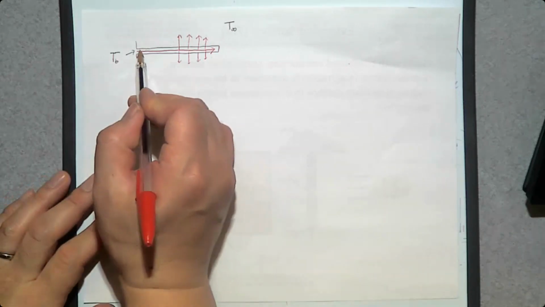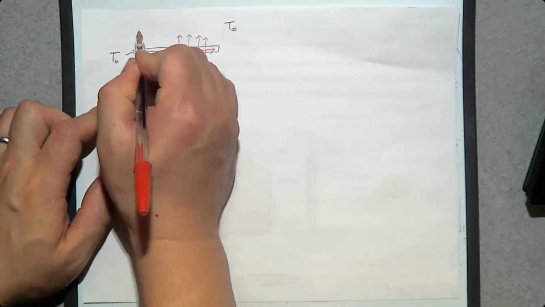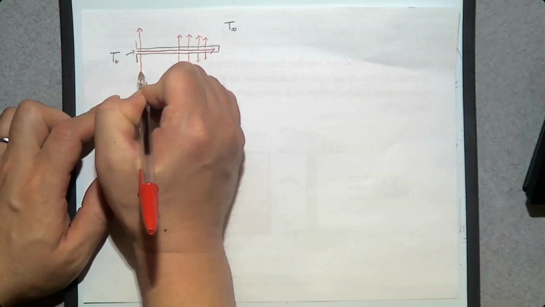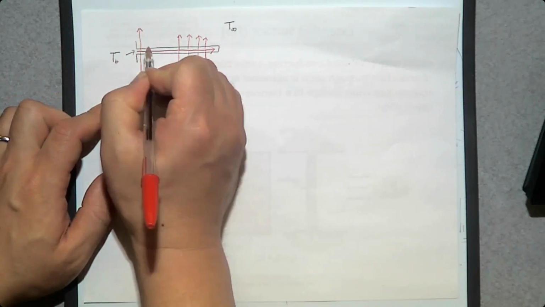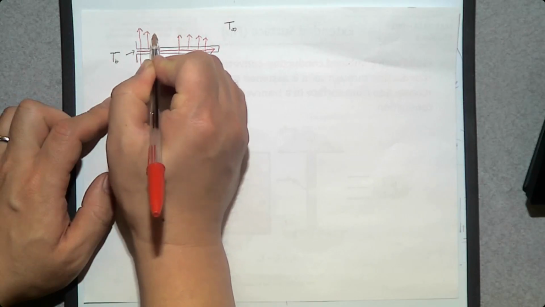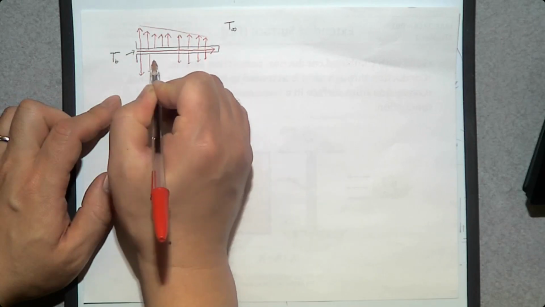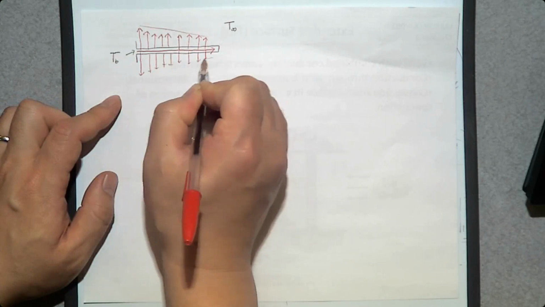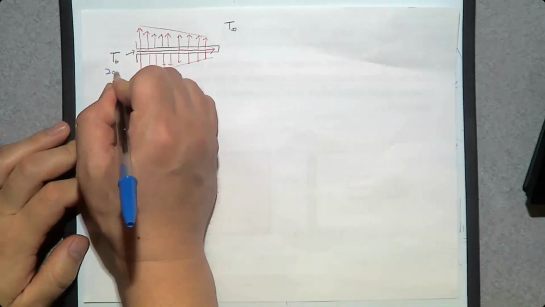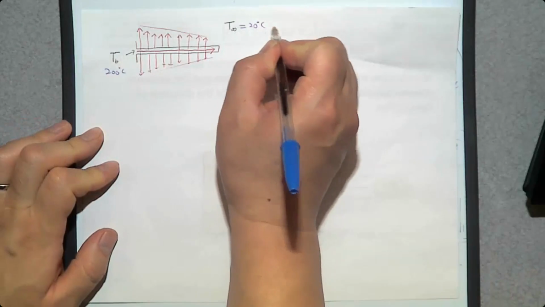Then, one thing for sure is the heat transfer near the base to the surrounding is much greater than the heat transfer near the tip. Why is that? Because let's say the base temperature is 200 degrees Celsius, and the surrounding air is 20 degrees Celsius.